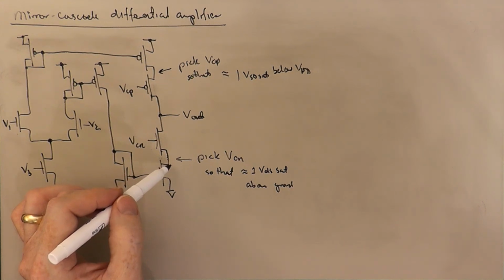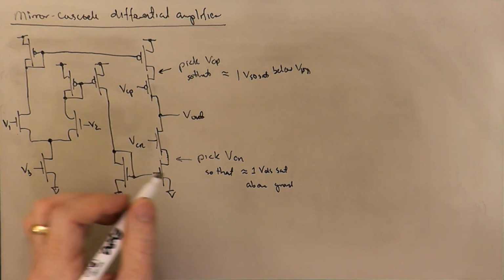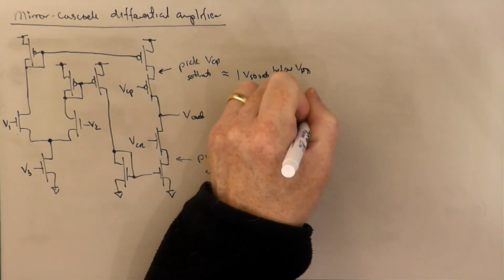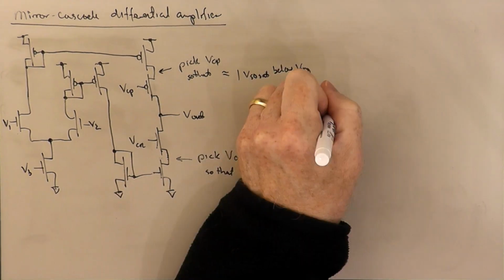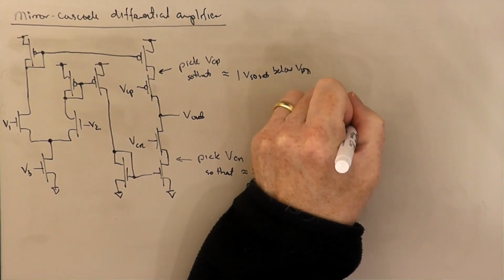Okay, so the gain ADM for this circuit, just recapping, is going to be delta Vout over delta VDM.